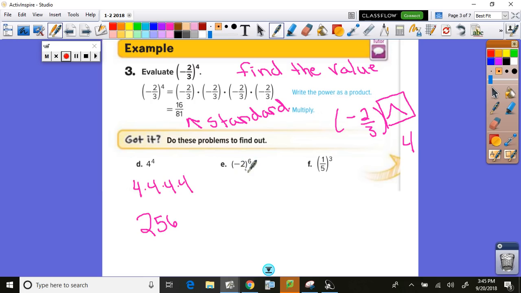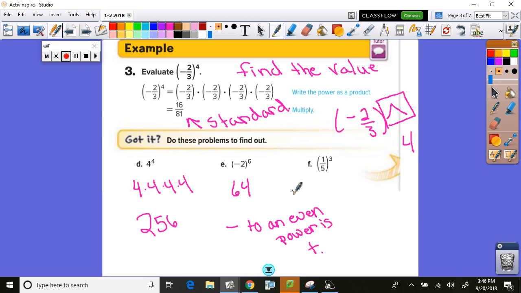Remember, this is -2 6 times, so you should know that that's going to be a positive. If you do -2 in parentheses on your calculator to the 6th power, it'll tell you it's positive 64. How we can tell is a negative to an even power is positive, always.